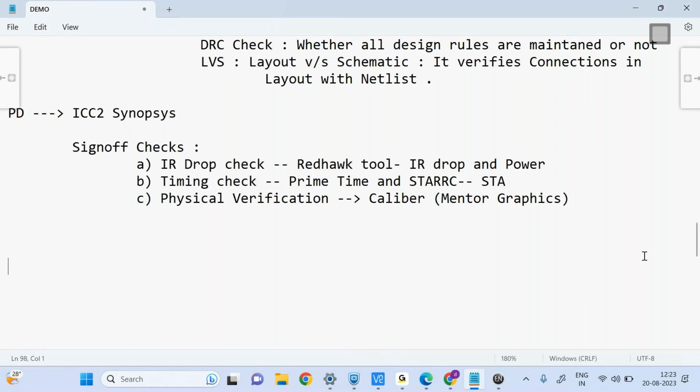The previous knowledge you want here is mainly digital basics, which you should know properly: what is asynchronous design, what is synchronous design, what is asynchronous reset, synchronous reset, what do you mean by flip-flop, what do you mean by latch, what is the difference, what is a negative edge triggered flip-flop, what is a positive edge triggered flip-flop. These basics you should know. What is mux, what is encoder, what is decoder. You should know digital basics.